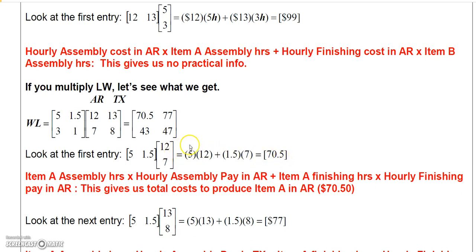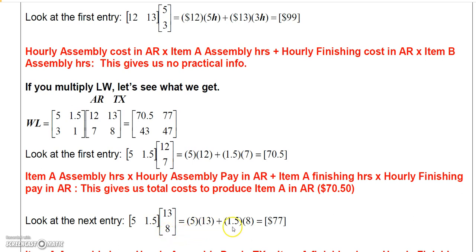Now, if you look at what happens when you multiply by the next column, you get 5 times 13. That's the 5 hours for assembling item A times the $13 per hour in Texas, so $65, plus 1.5 times 8, which is the 1.5 hours for finishing that same item A in Texas.